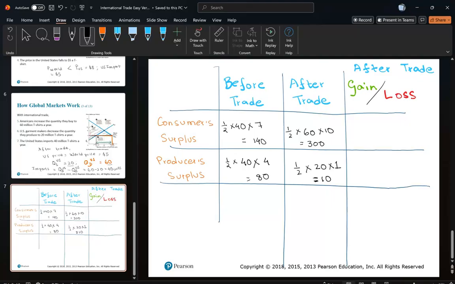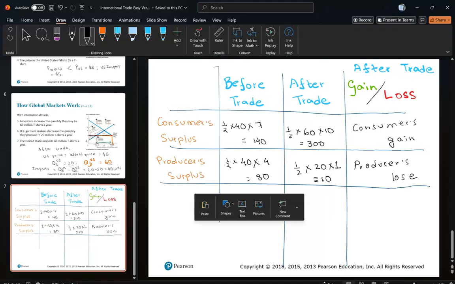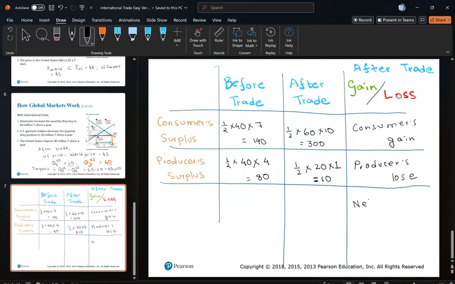So who gains and who loses after trade? The consumers will gain after trade, and producers are going to lose after trade. Now, if you want to calculate the net gain, that means the difference between consumers' gain and producers' loss, that's 300 minus 10.